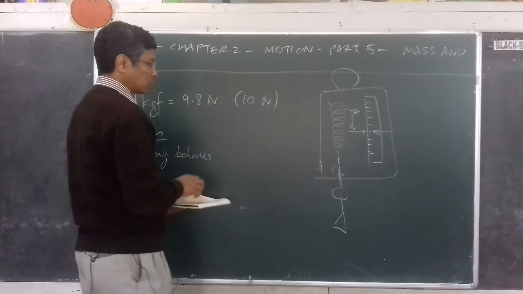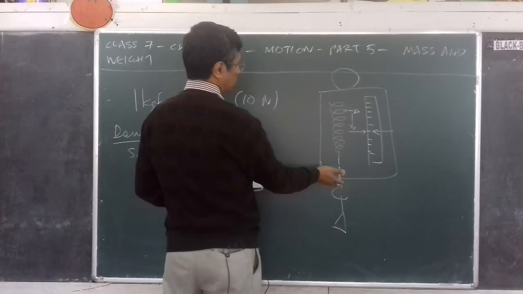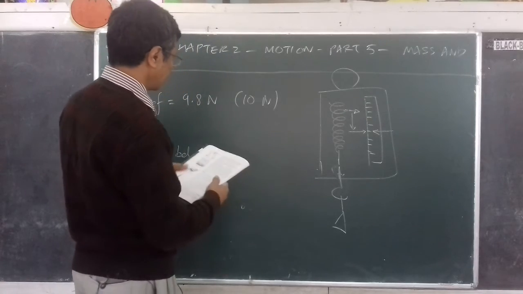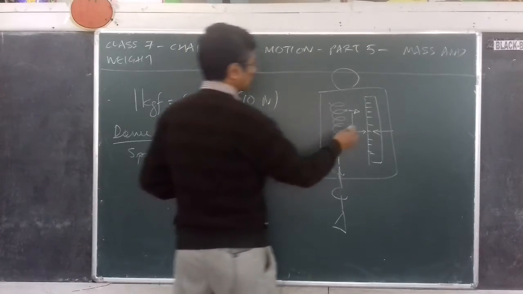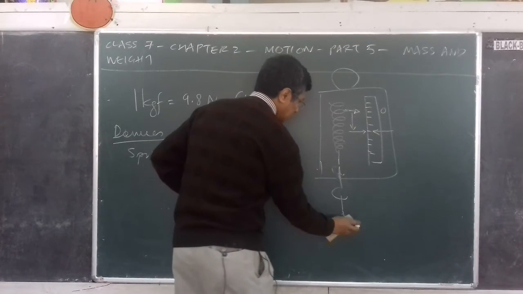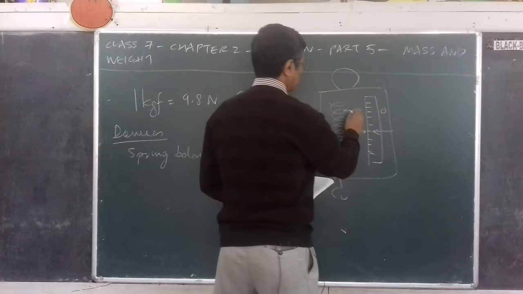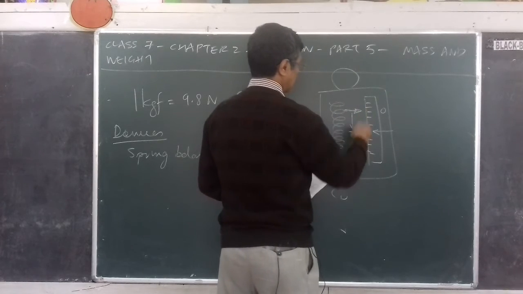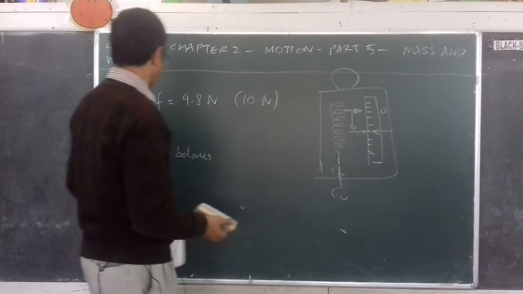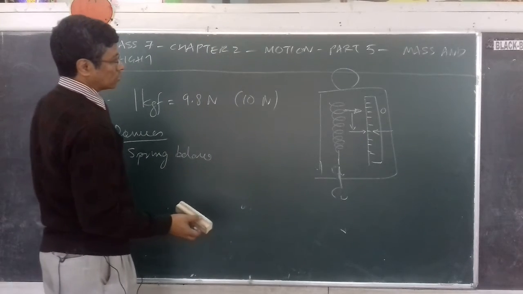Once you remove the weight, the spring will retract and come back to its zero position. When no weight is attached, it will be in the zero position, and as you attach a weight, it will stretch, move downwards, and let you know exactly the weight of the object.